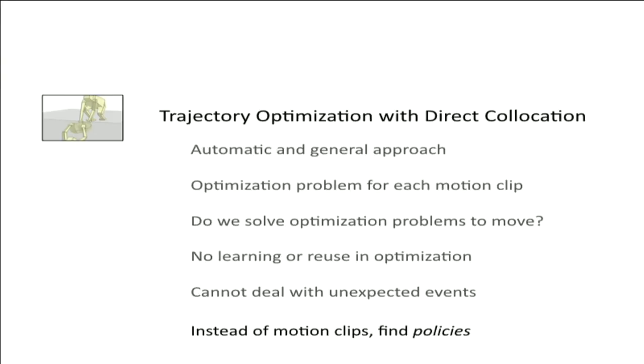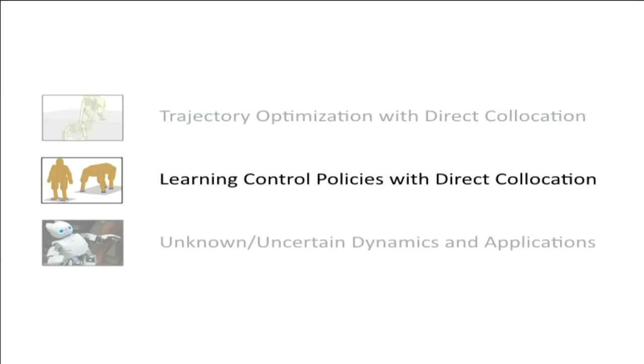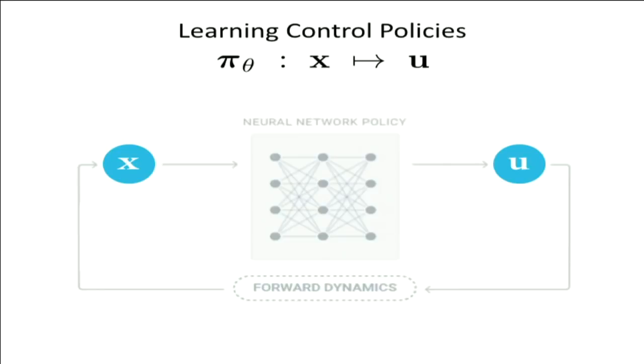But as we've seen, as Sergey talked about, trajectory optimization only finds a solution to a particular situation, where I start in a particular state and I need to get to a particular location. It doesn't actually tell you what to do in every situation. And so that's why we'd like to be learning control policies, so that our characters or our robots can act in arbitrary situations.